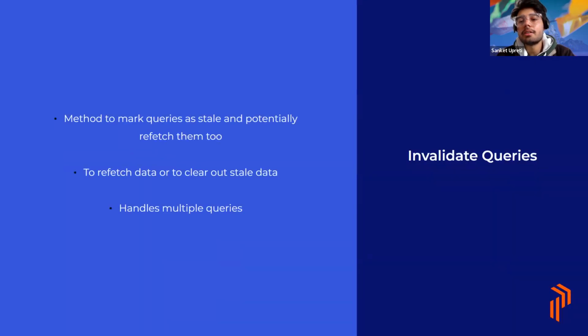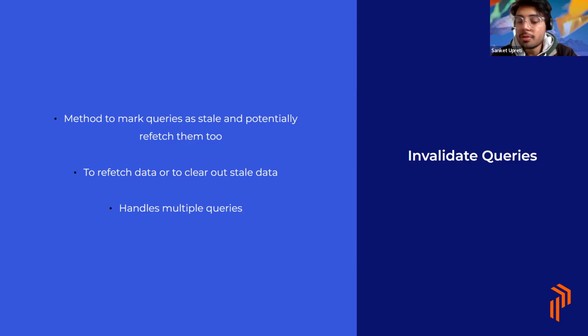So what is invalidateQueries? Suppose we have certain data that needs to be refetched because the previous data is already inaccurate, or we can call it stale. For that purpose, we can invalidate our queries.